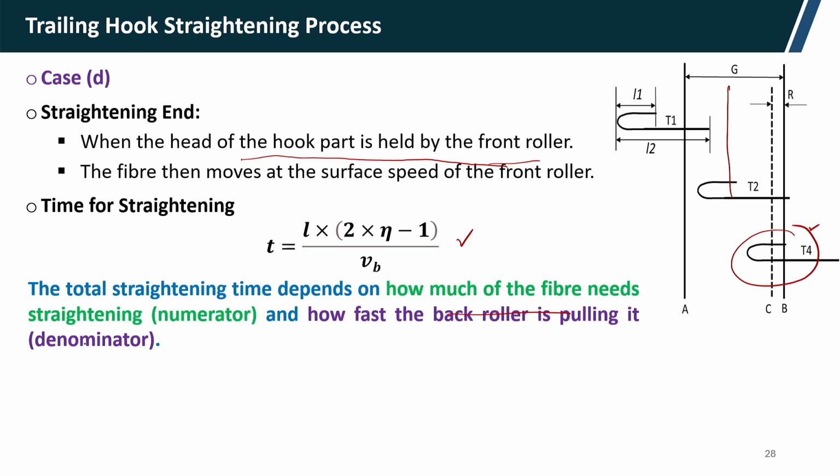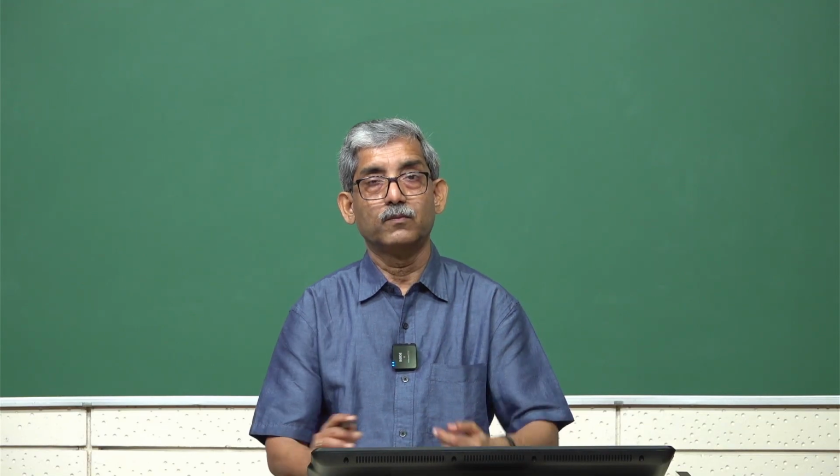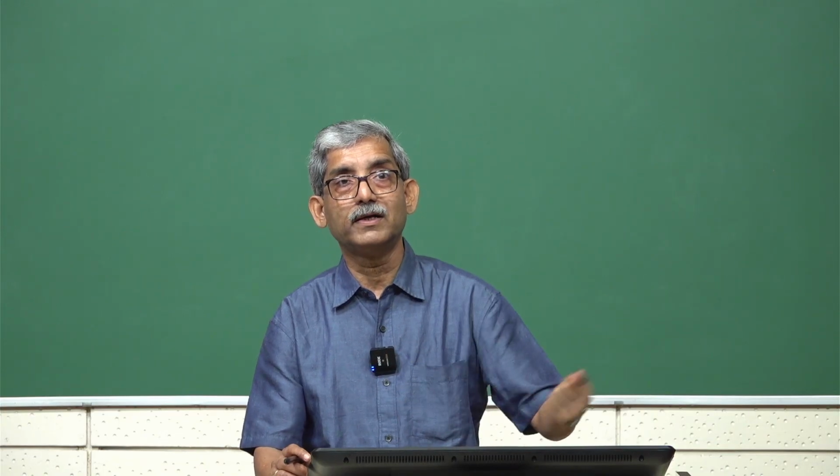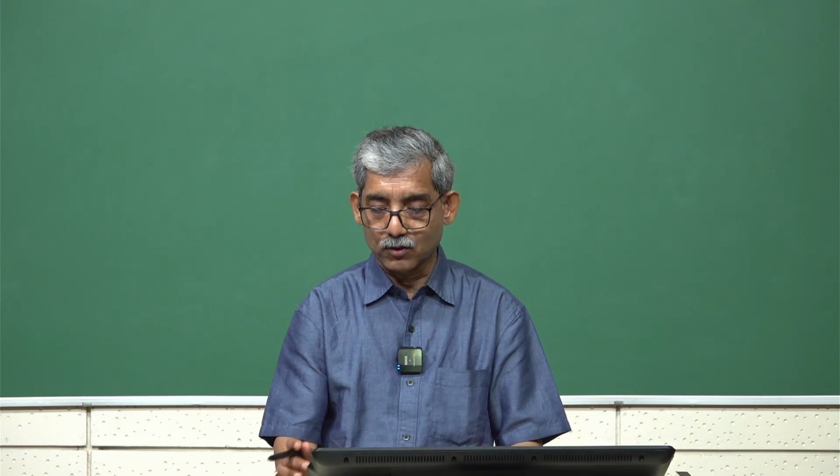That is the numerator, and that is divided by how fast the back roller is pulled. So, that is V B. That means we are talking about the trailing hook removal. So, the hook portion should be pulled by the back roller.